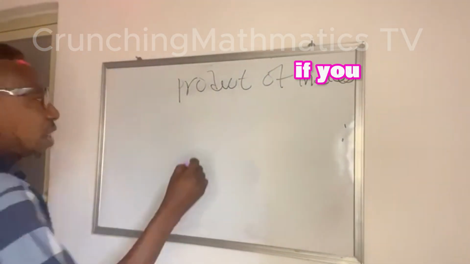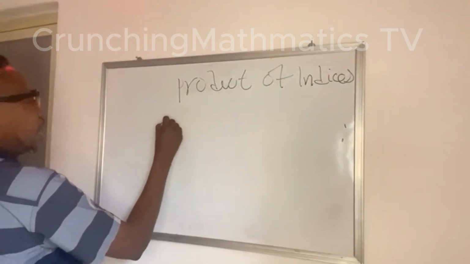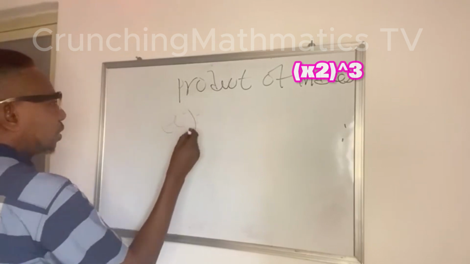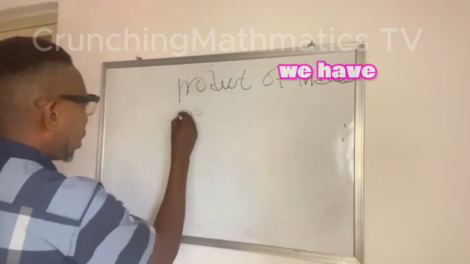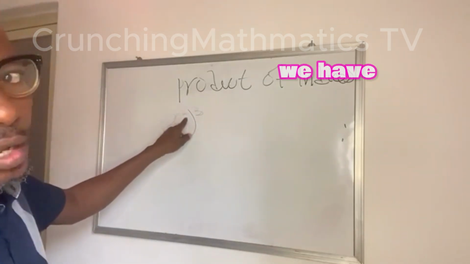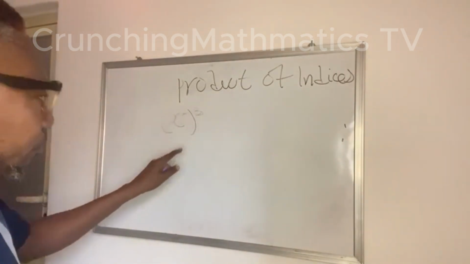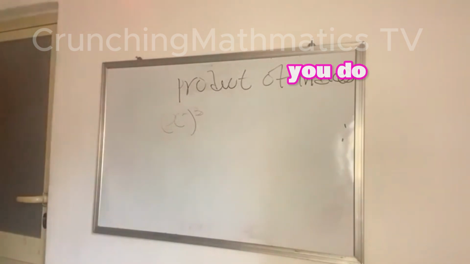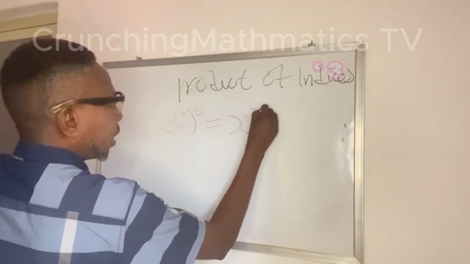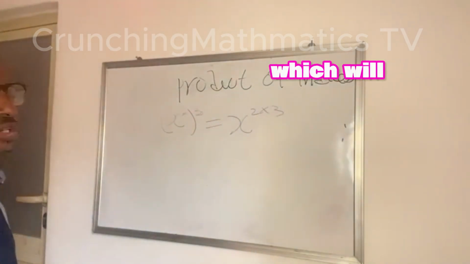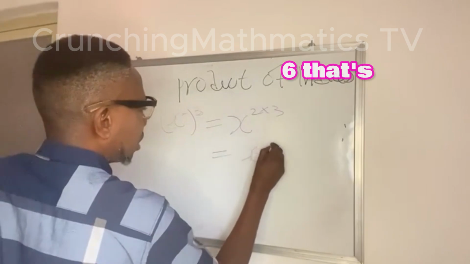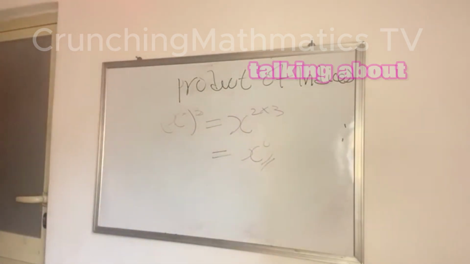Now if we have a problem like x squared, all raised to the power 3, we have 2 exponents here, 2 and 3. This simply means x to the 2 times 3, which gives us 6, so x to the 6 is the answer. That's the product of indices we're talking about.